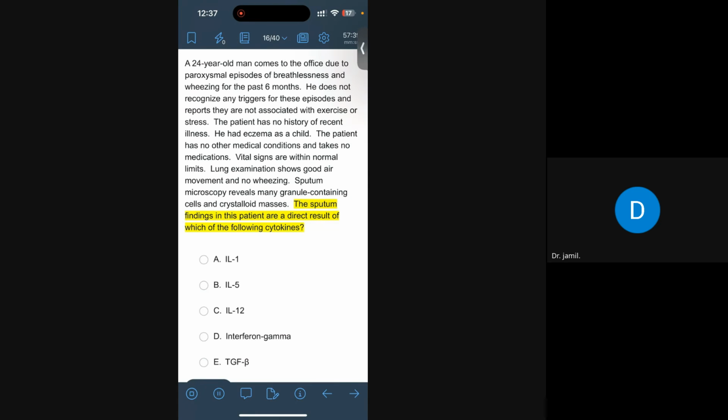The sputum findings are a result of cells and crystals.